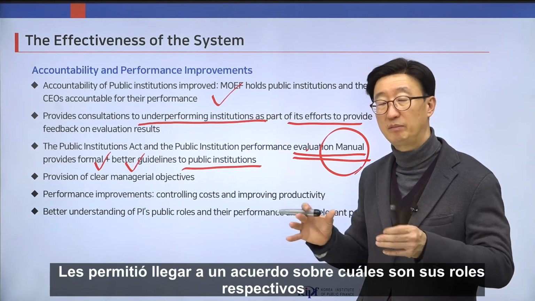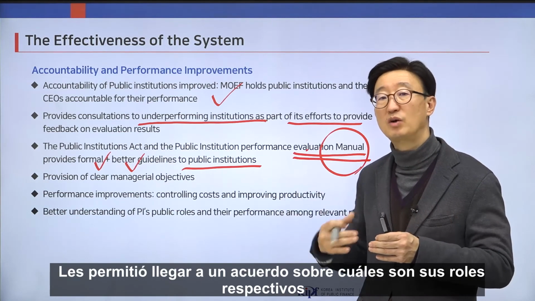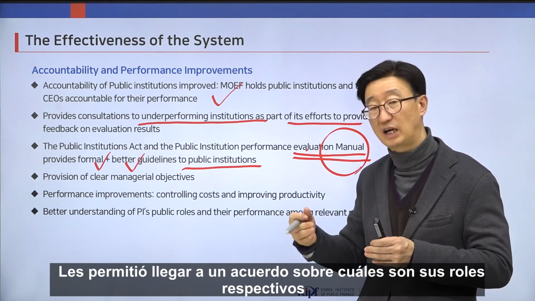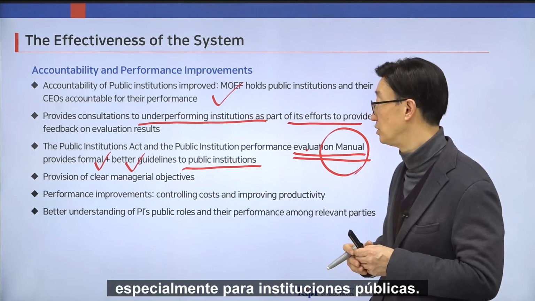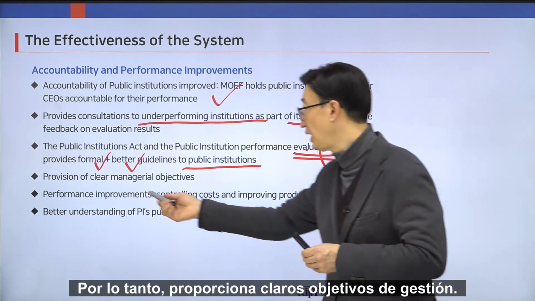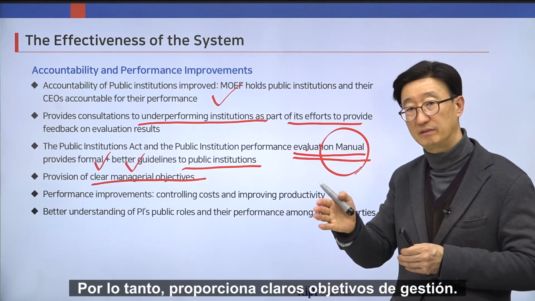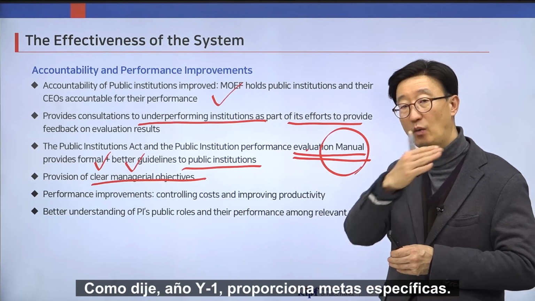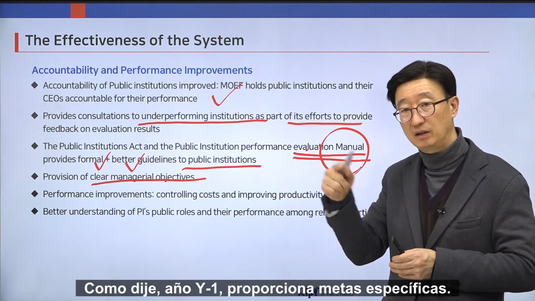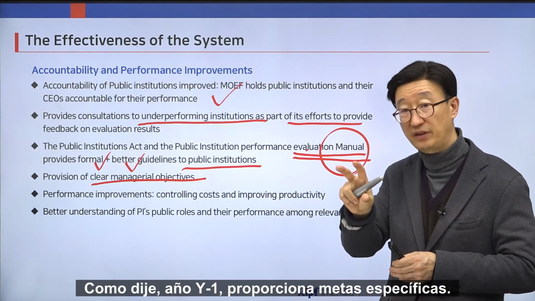So it enabled them to come to an agreement as to what their respective roles are, especially the public institutions. And thereby, it provides clear management objectives. As I said, in year Y minus 1, it provides specific goals, right?